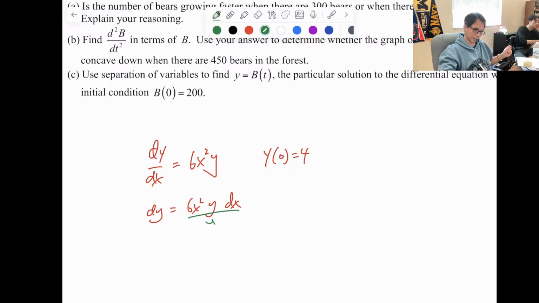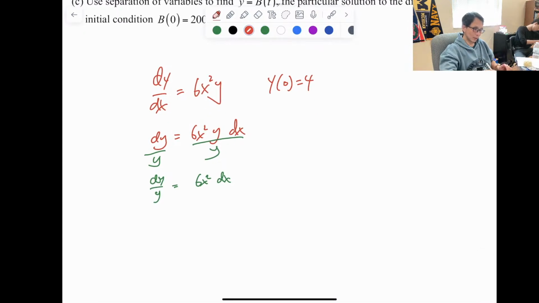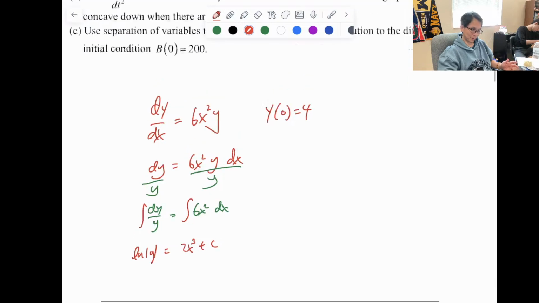So it'll be dy over y is equal to 6x squared dx. It still looks harmless. Nothing abnormal. Integrate both sides. Natural log of y equals 2x cubed plus c, right? It's still like, nothing crazy. No big issues.